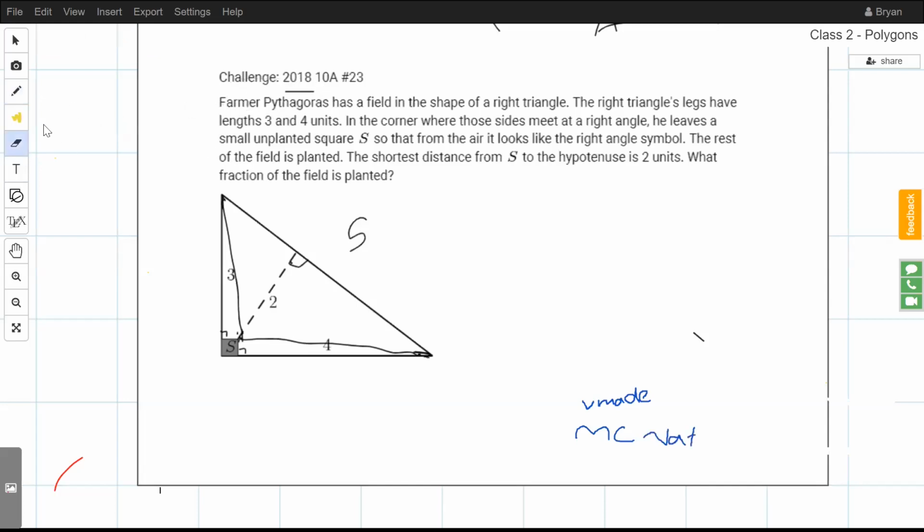Either way, all you have to do is let the side length of the square be x, and we know this is 4 minus x, and this is 3 minus x. And we know this is 2, right? There are actually a few ways to do this.